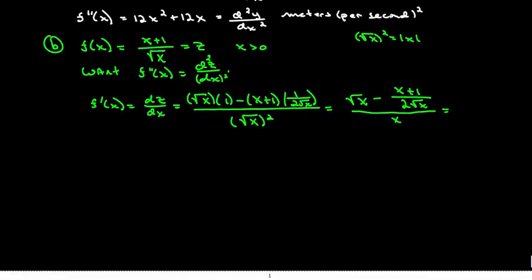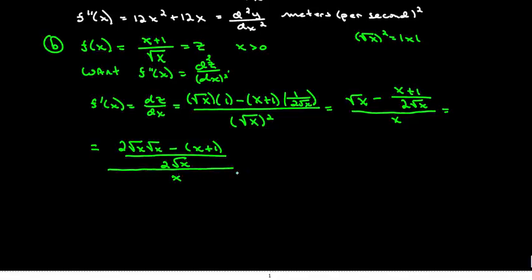I'm going to get a common denominator up top, so that'll be 2 square roots of x. So I'll get 2 square roots of x times the square root of x minus the quantity x plus 1 over 2 square roots of x, and that whole thing is over just x.